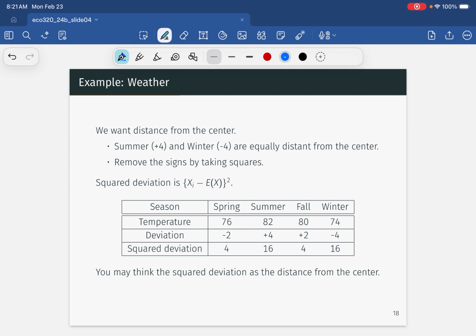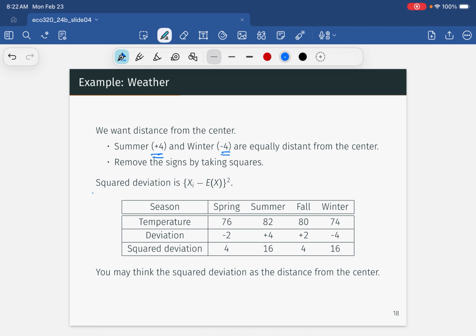The problem here is it is the relative position from the center, but we do not need the sign, right? Plus 4 and minus 4 are basically equally distant from the center. So we are going to remove the signs by taking squares.